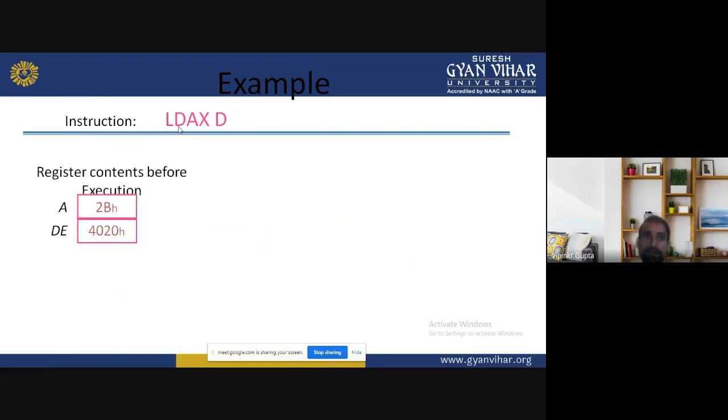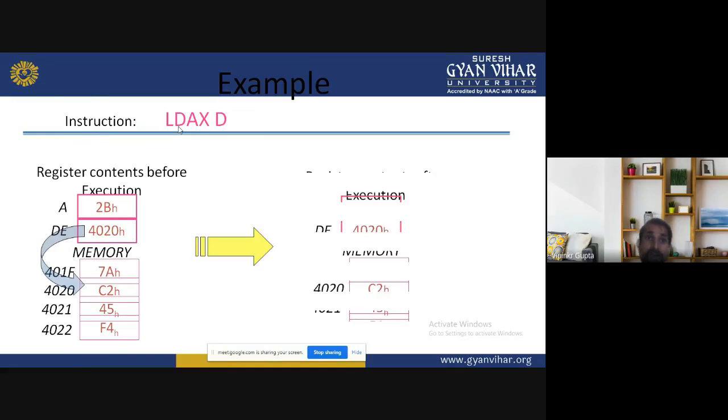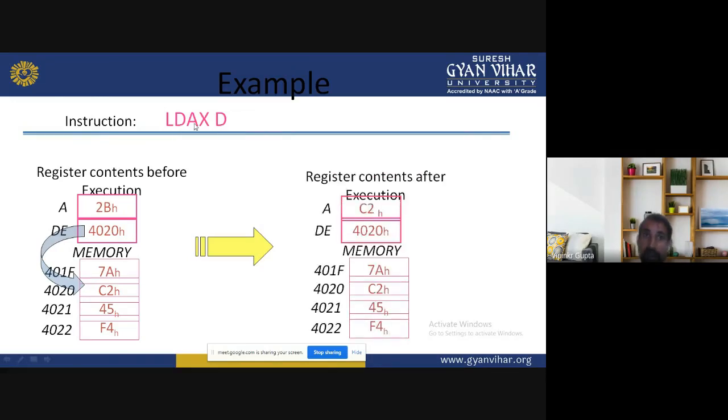LDAX B. So in this instruction, what are we doing? Whatever data is at the address held by the pair, LDAX will show the pair. E is not there in that instruction, but we can understand it is saying the DE pair. So whatever data is at the DE pair address, that data is transferred to the accumulator.